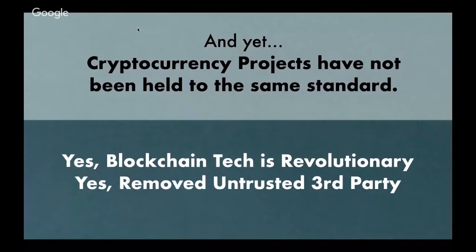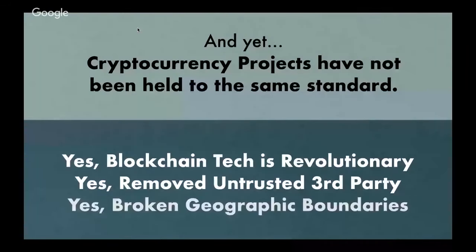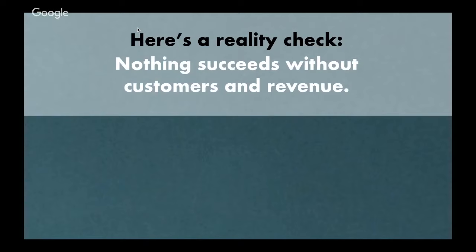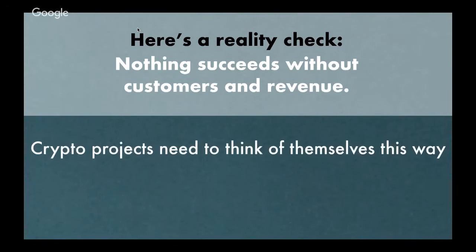And yes, we removed the untrusted third party, and we've broken all these wonderful geographic boundaries. But we'd like to start with a big reality check, which is nothing really succeeds without customers and revenue. And I think to this world we're in, and what we're about to show you, crypto projects and organizations need to think of themselves this way if they're going to survive.